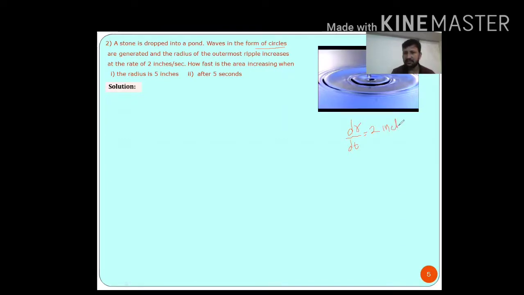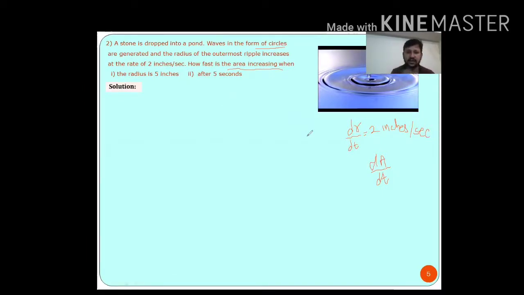That means in 1 second the radius will increase by 2 inches. To find how fast the area is increasing, that is dA by dt, for two particular conditions: first, if the radius is 5 inches, and second, after 5 seconds. We solve one by one.